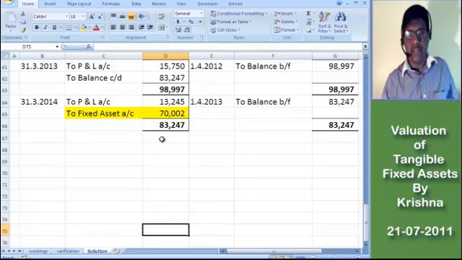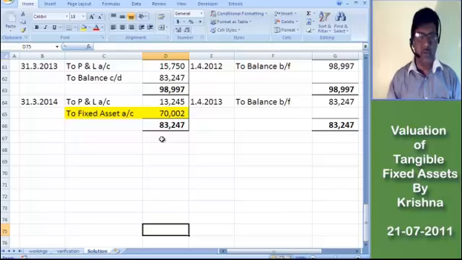Now we shall slightly recapitulate the revaluation reserve treatment as per accounting standard 10. If the revaluation in the upward direction is happening for the first time, then what should we do?